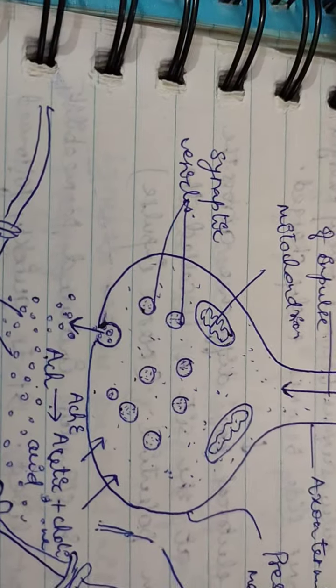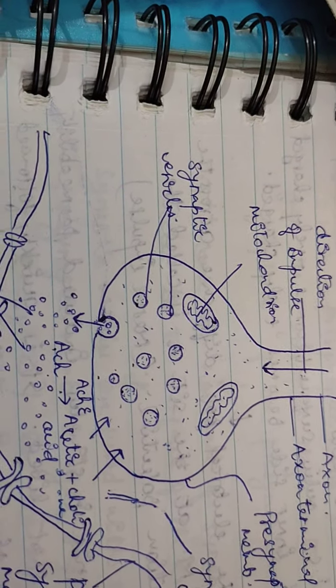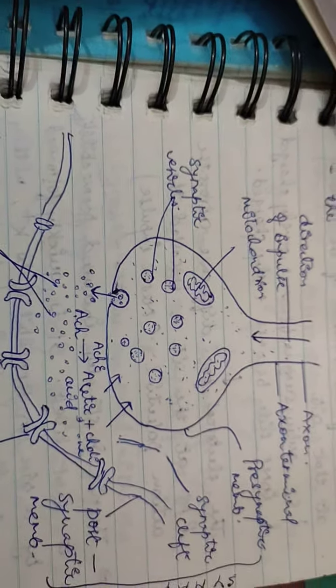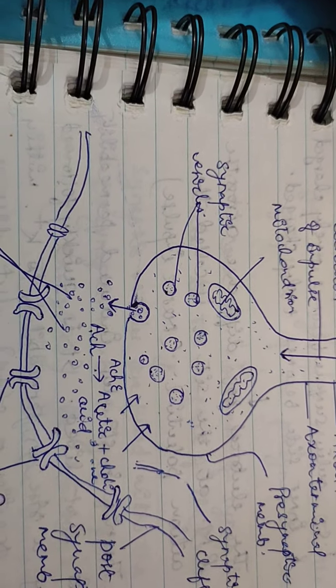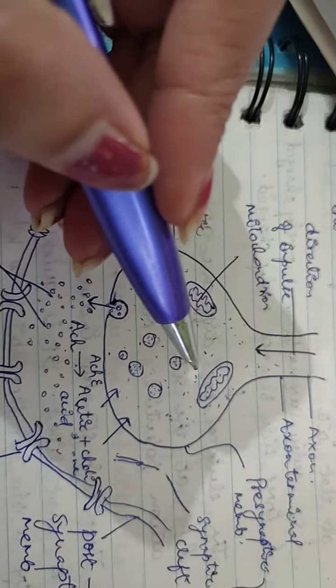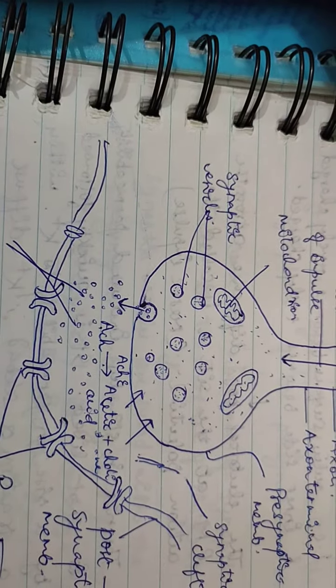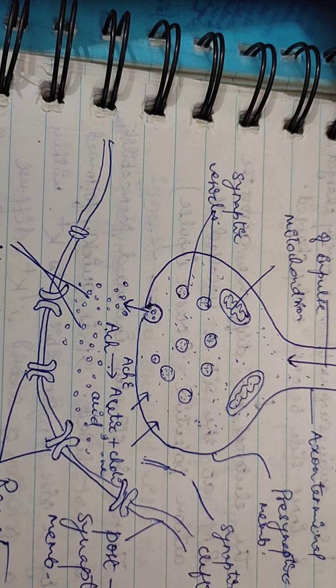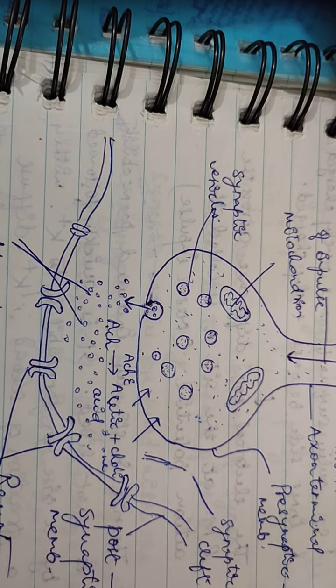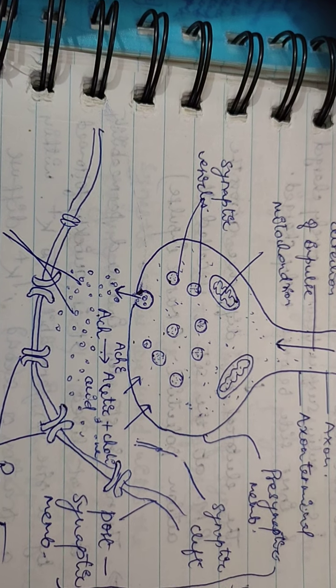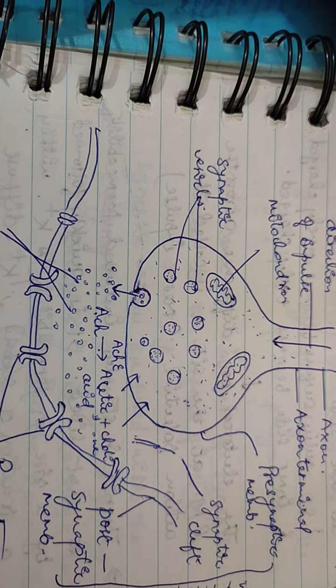So, what is synapse? Again, I am telling you that it is a narrow gap containing communication junction between two neurons, where an axon terminal comes in near contact with the dendrite terminal of the next neuron.